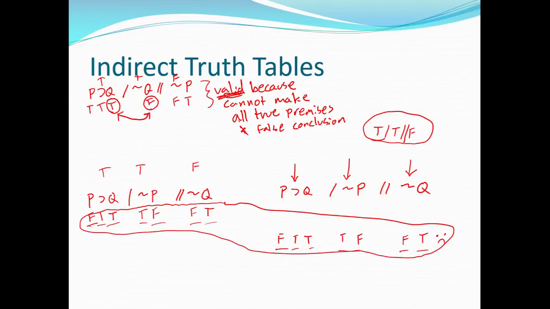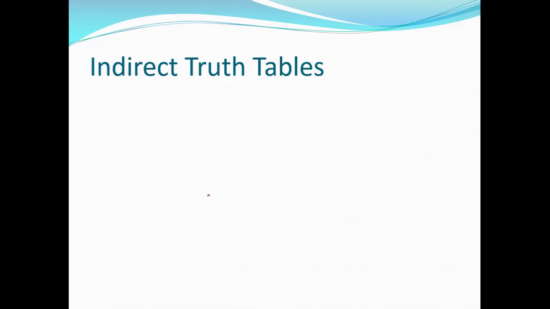Let's go ahead and look at another example. So we have an argument: B horseshoe C and negation C, therefore negation B. So step one, we're going to assume our conclusion is false and our premises are true. And then we're going to try and plug in truth values for the letters to make this all work.